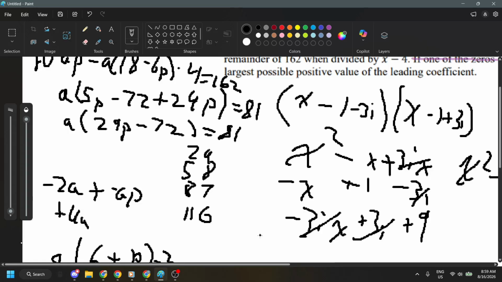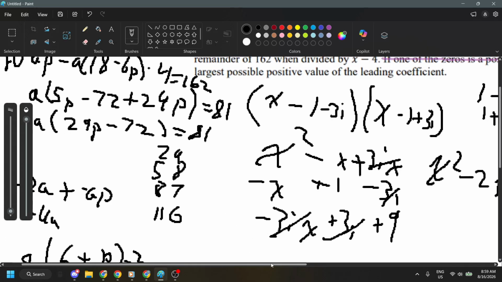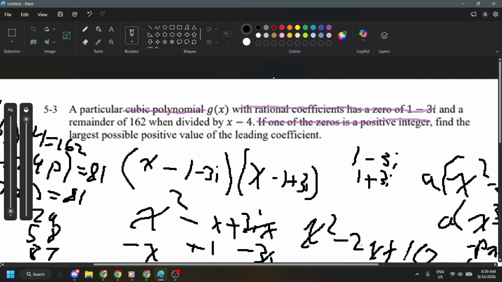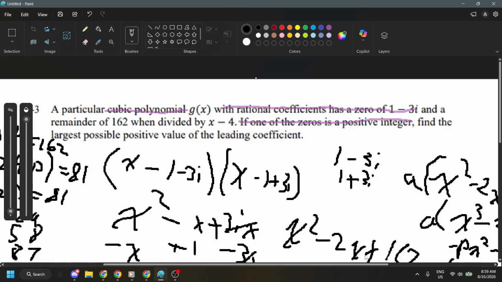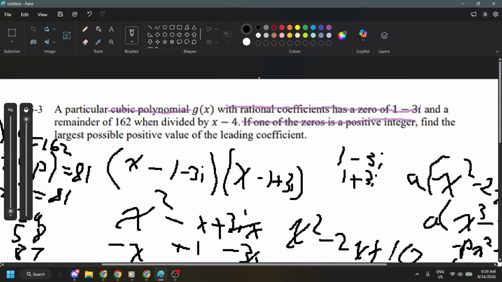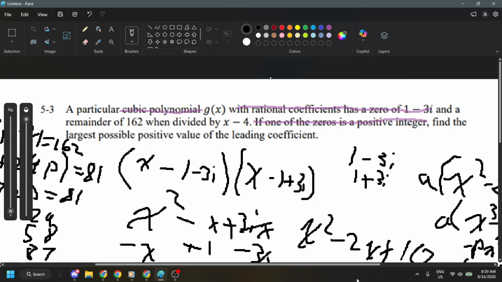So this isn't getting anywhere, because the largest possible positive value has a rational coefficient.